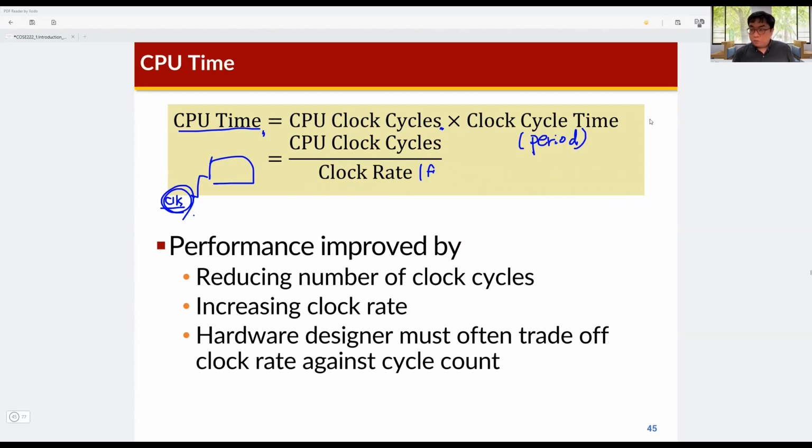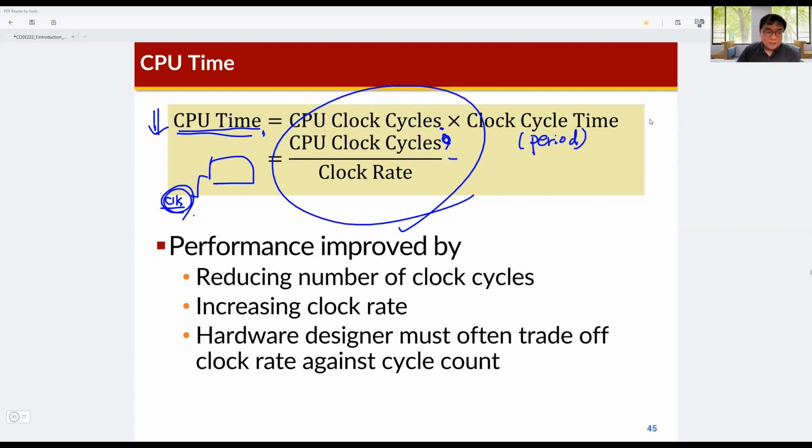How can we improve the performance of a CPU? If we see this equation, how can we improve? In order to improve the performance of a CPU, we need to reduce the CPU time.